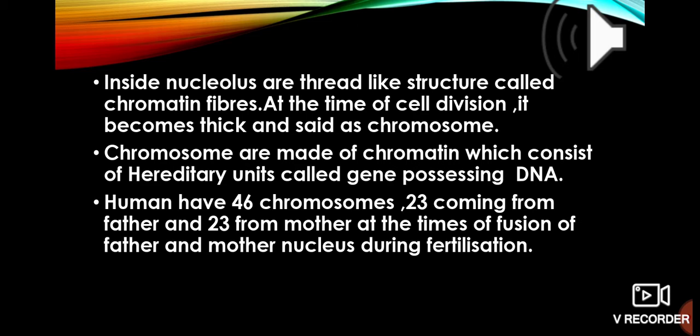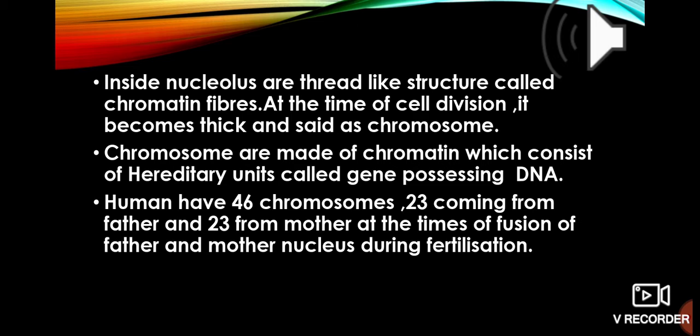The concept of the chromosome will be clear to you in the next slide through a video. Chromosomes consist of hereditary units called genes, and genes possess DNA. As you know, during the process of fertilization, these chromosomes come from the parent to the offspring.